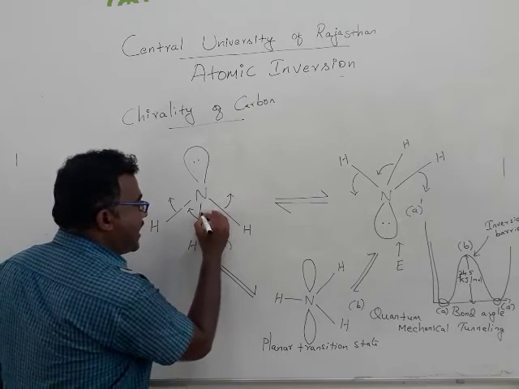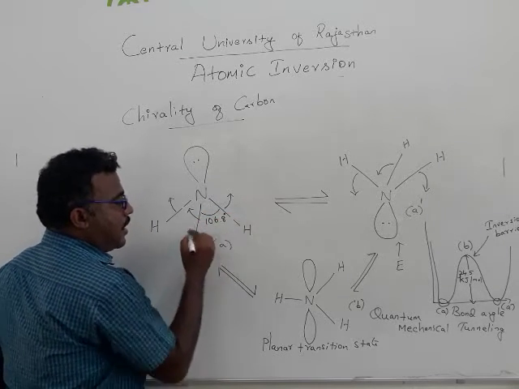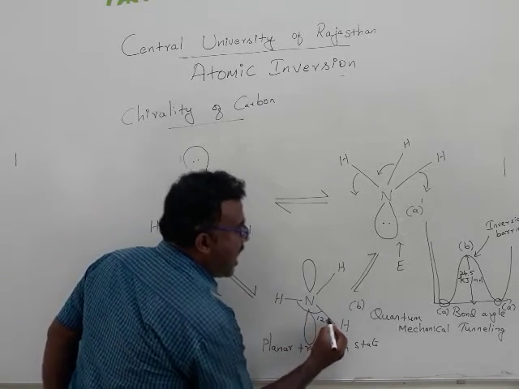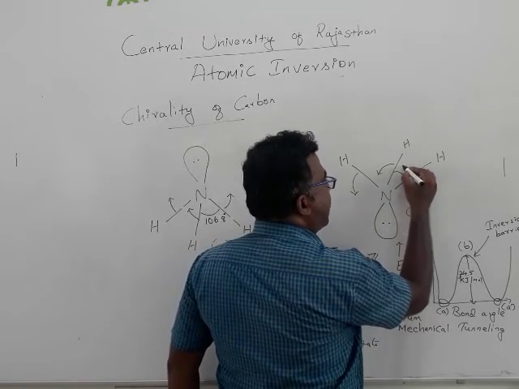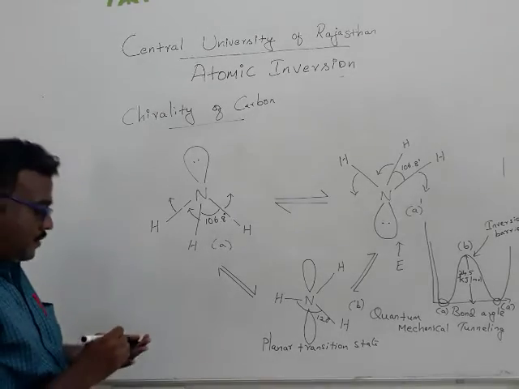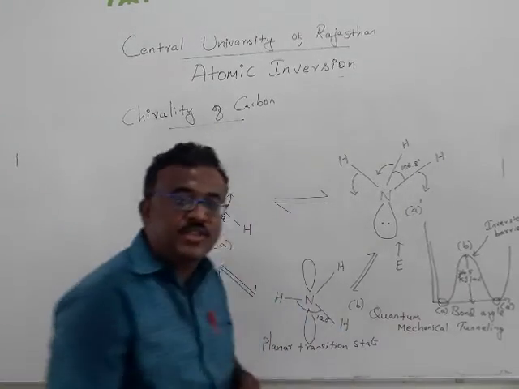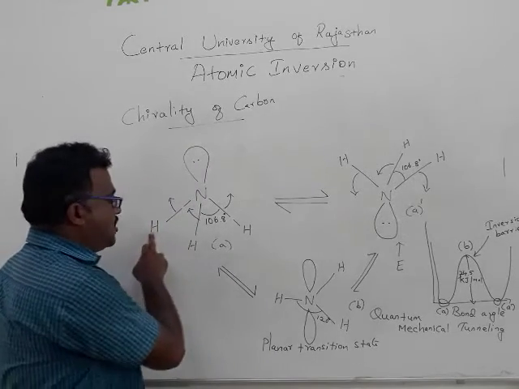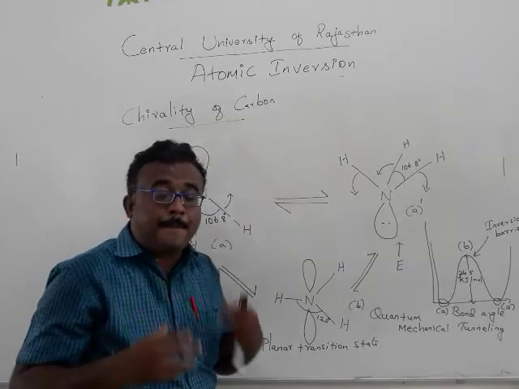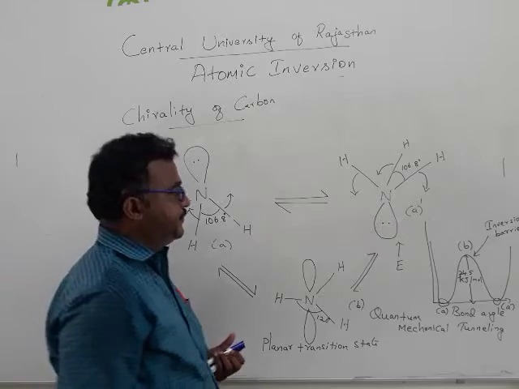We know that the bond angle here is around 106.8 degrees, and here the bond angle goes to 120 degrees, then comes back to 106.8 degrees. This inversion barrier can be changed with the type of substituents present on the nitrogen center. Depending upon the substituents, the inversion barrier energy will change.